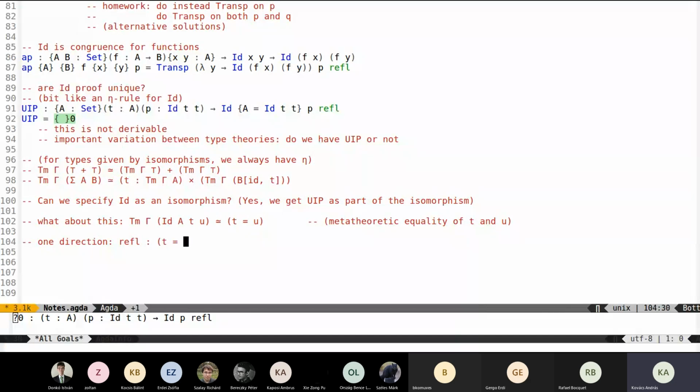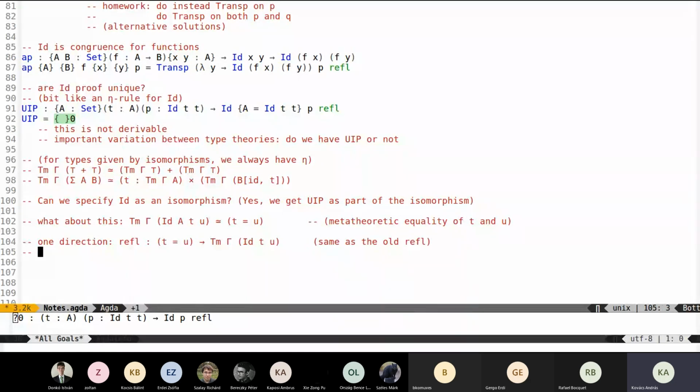If I have a proof in the meta theory that two terms are the same, then I can use the meta theoretic substitution principle, and so it's pretty much this REFL. For any T and U such that they are equal in the meta theory, I can give a Tm gamma of ID of T U. This is the same as the old REFL.